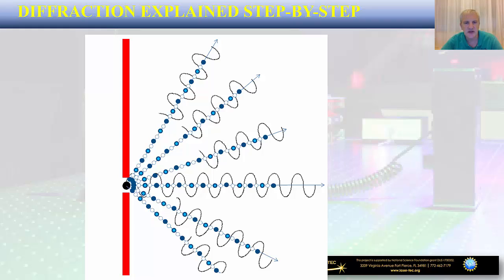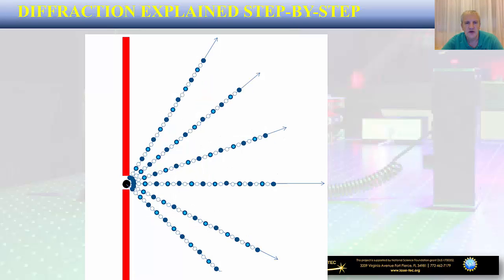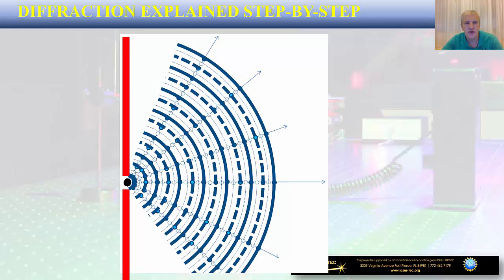This can be established in different directions of propagation, as can be seen on this slide. Then if we connect a specific type of dots along the same crest, we are going to establish so-called wave fronts.